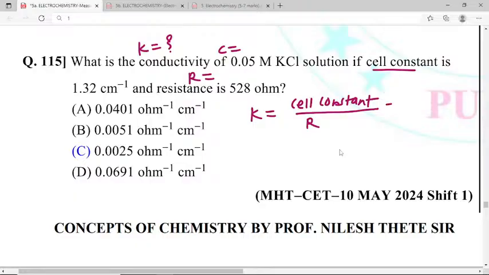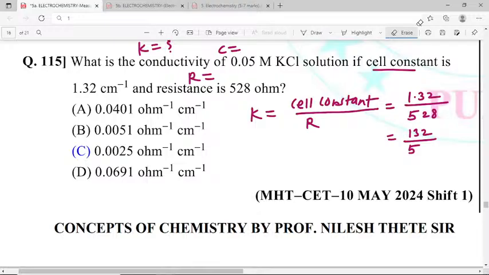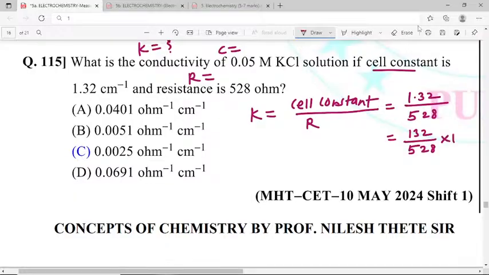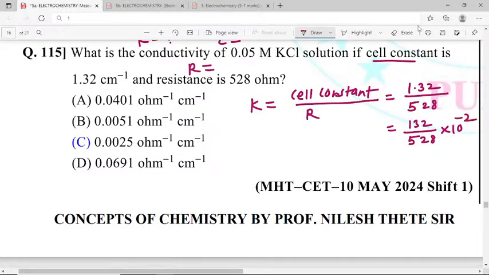So substitute the value. Cell constant 1.32, this whole divided by resistance 528. So this is equal to 132 divided by 528. Multiply by 10 to power minus 2. So answer is 0.0025.